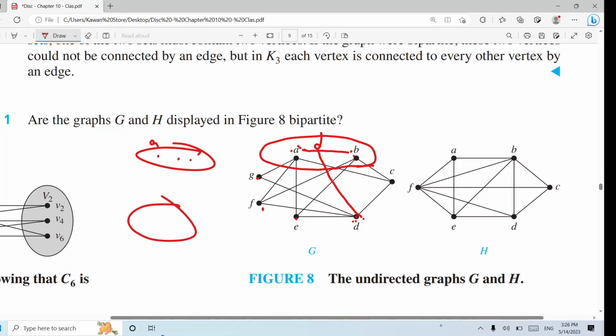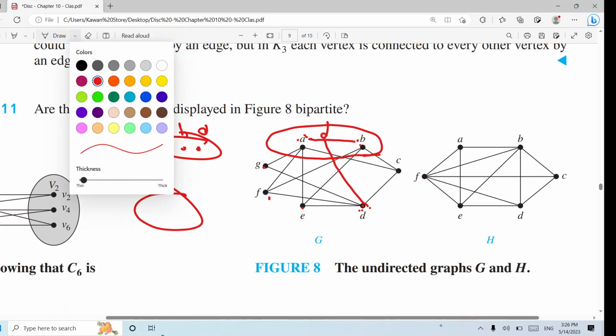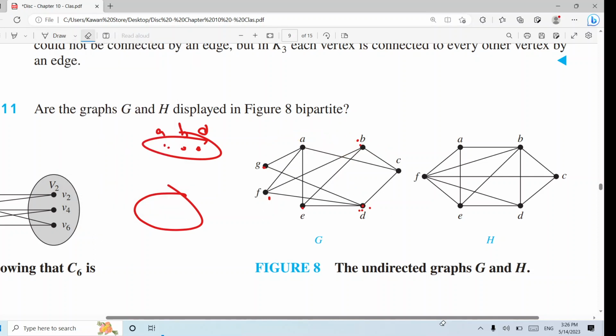So now I have A and B and D. To check if I am right or not, just look. Is there a relation between A and B? No. So I'm going to put A here. Is there a relation between B and D or A and D? Direct, I mean. No. So I'm going to put D also here.